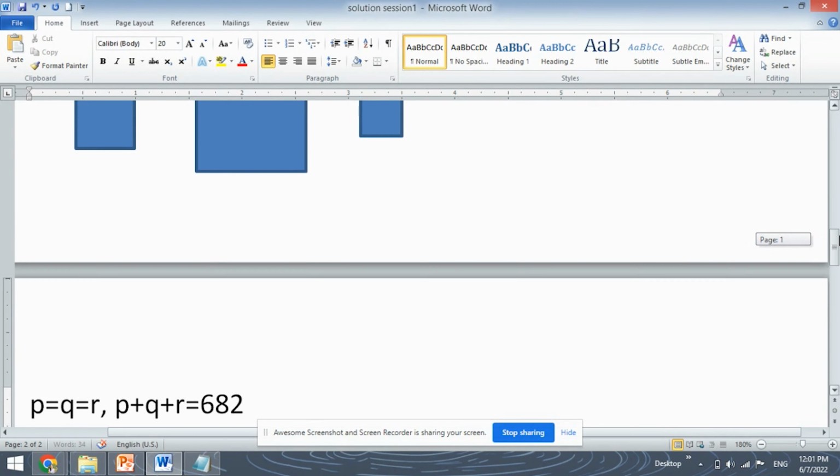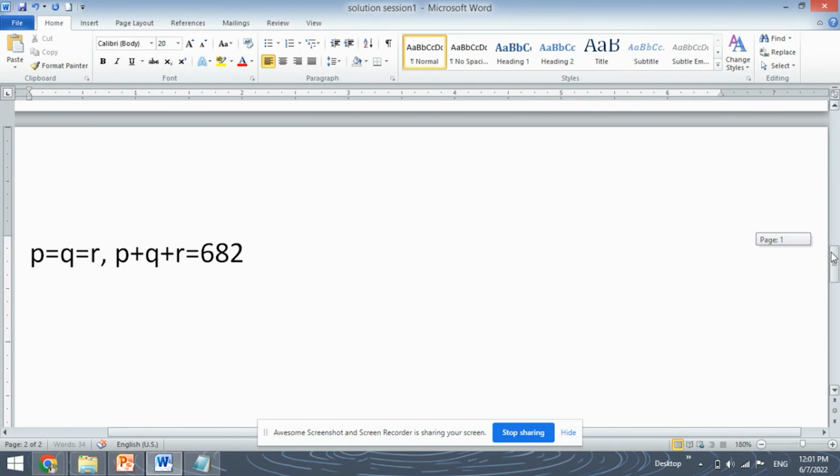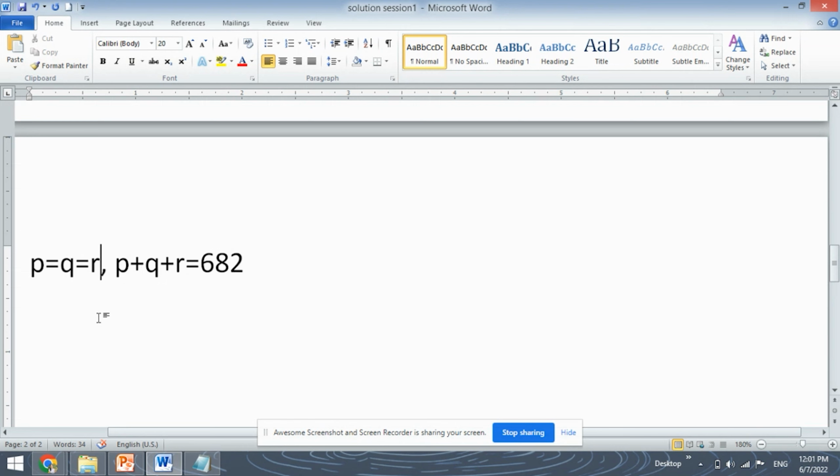Now, as we know, the fraction filled is the division by the total volume, which means P by 250 is equal to Q by 650, and it is equal to R by 200. Because in the question it is given that equal fractions of all these beakers are filled.